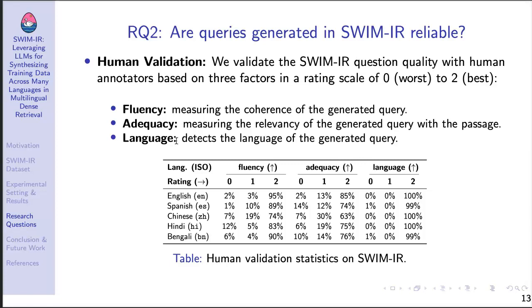Overall, we conducted our human validation across 5 languages, and you can find that the fluency, adequacy, and language for all queries are at least more than 63% for the best rating, which indicates a good quality of queries currently present in SwimIR.